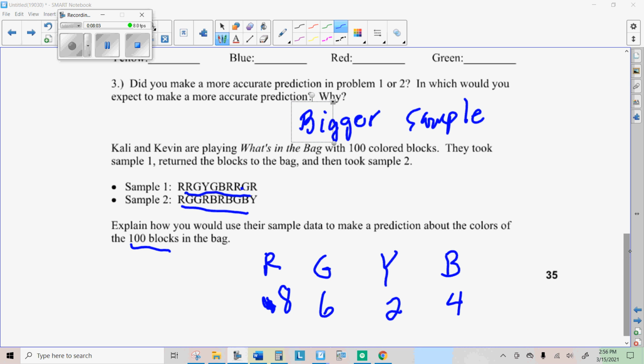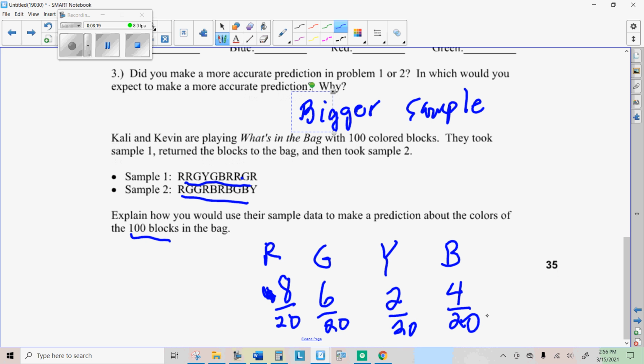So we got 8 out of 20 red, 6 out of 20 green, 2 out of 20 yellow, and 4 out of 20 blue. Now, another way you could scale this up to 100 and make your prediction is just figure out how many times a group of 20 goes into 100.